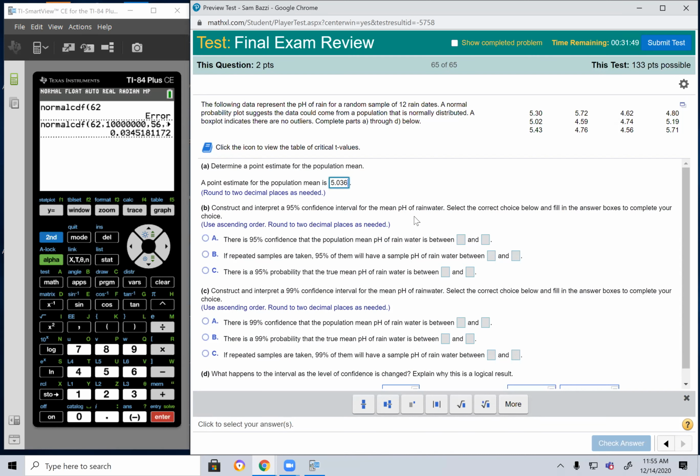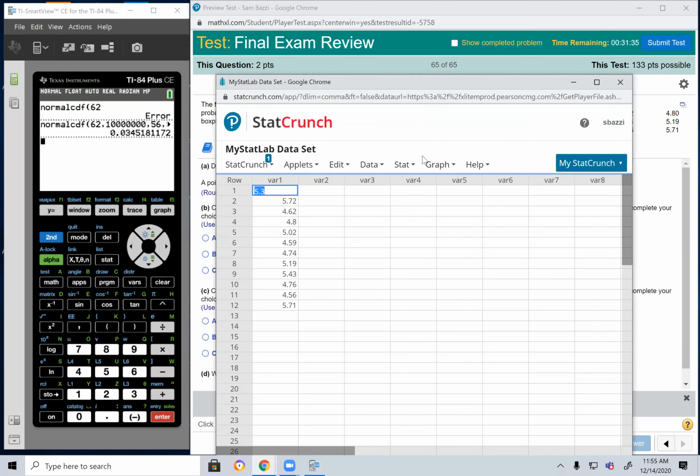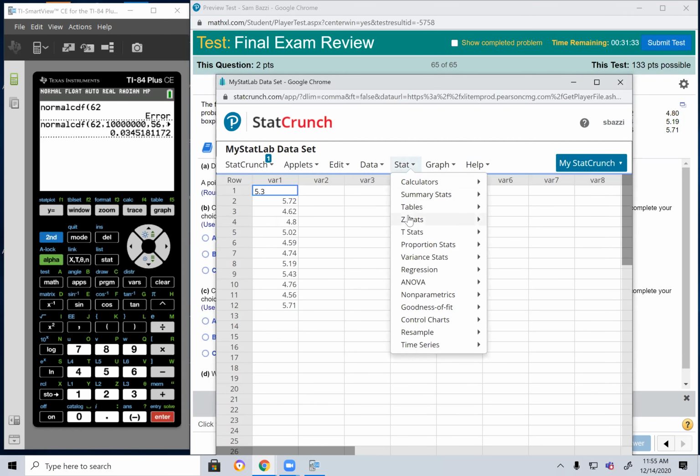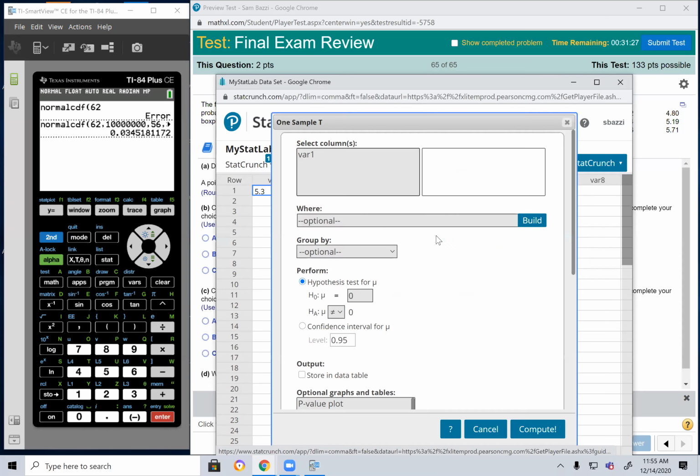Construct a 95% confidence interval, and 99%. I'm going to do it on StatCrunch, guys. So we're going to go back to StatCrunch and show you how to do this. Go to Stat, T stats. When you have a data set, it's T, one sample with data.